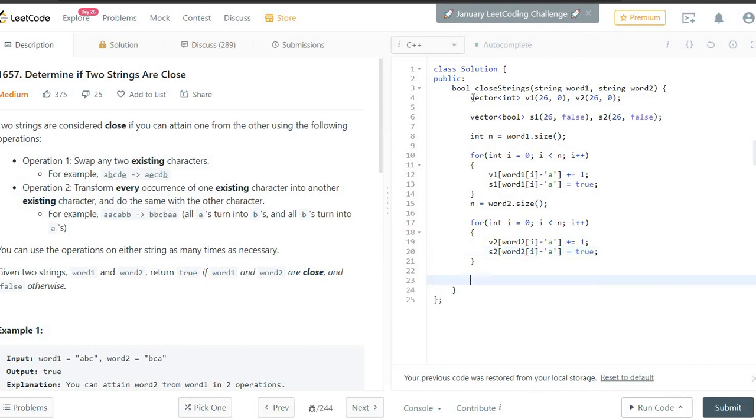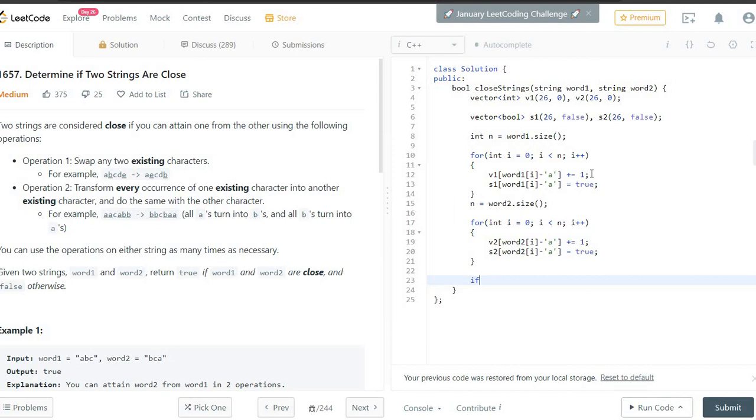Now I am required to sort these two vectors because they are storing numbers and not the occurrences. That is, the numbers how many times each character have occurred, and that needs to be the same, although the characters can be different. And all the characters are same or not is something that is being checked by these two vectors s1 and s2.